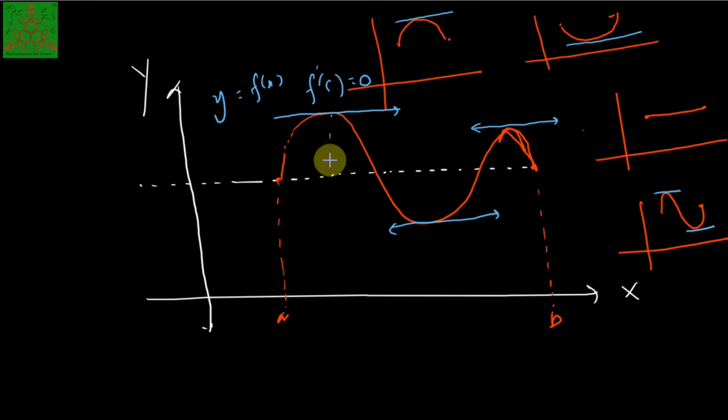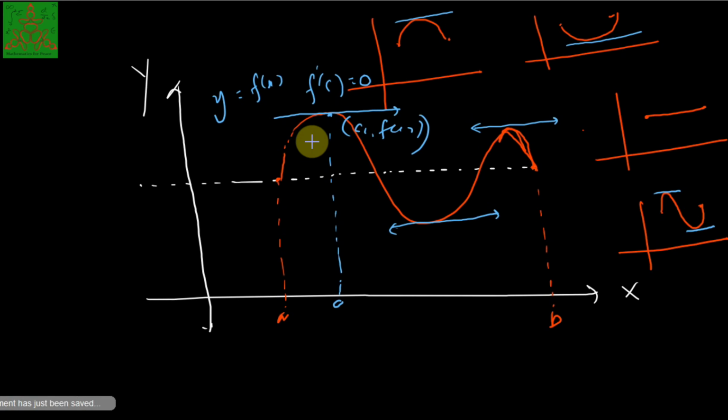If I call this point c, then the coordinates of this point will be c comma f of c. At this point, the function has a tangent which is parallel to the x-axis, which is nothing but its derivative at that point being 0. And that is exactly Rolle's mean value theorem.